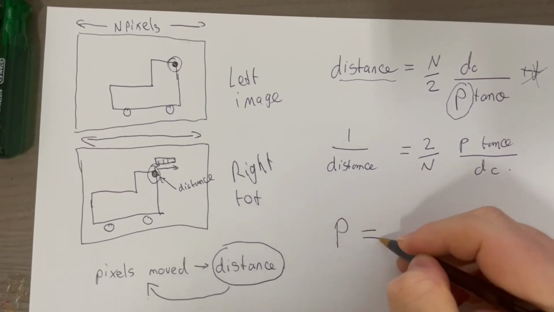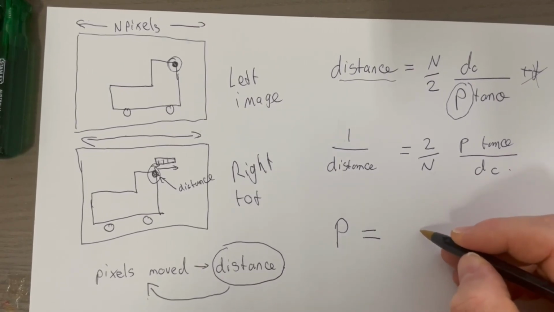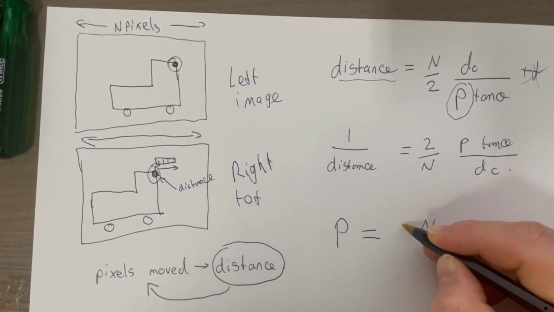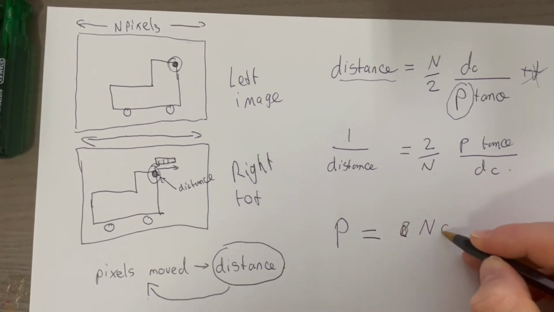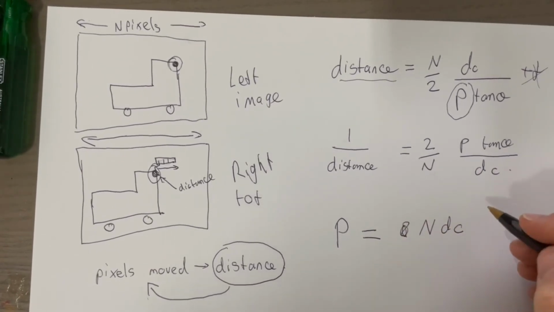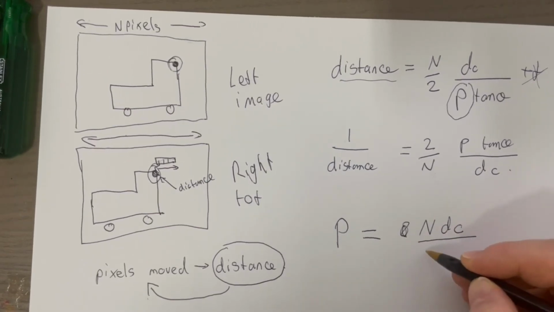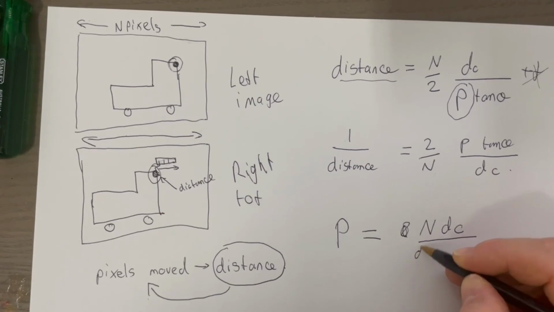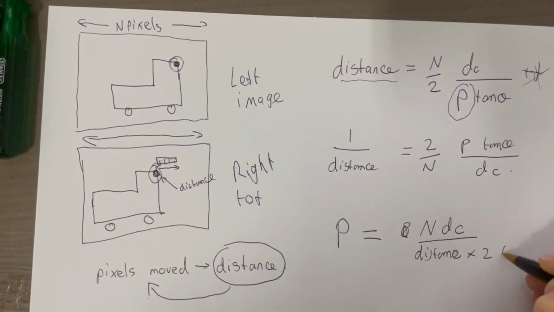So P equals, let's see if I've got this right, let me know if I make a mistake, N DC on distance times 2 tan theta.